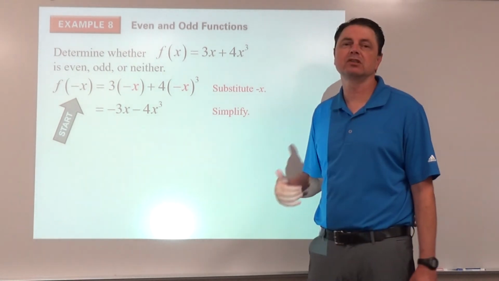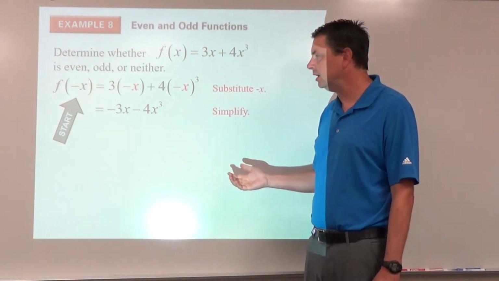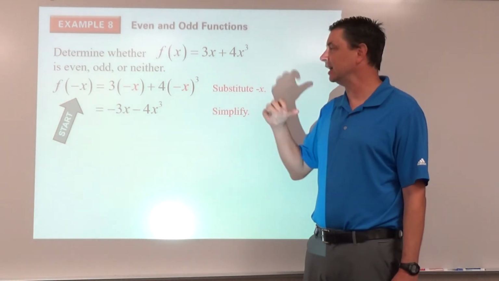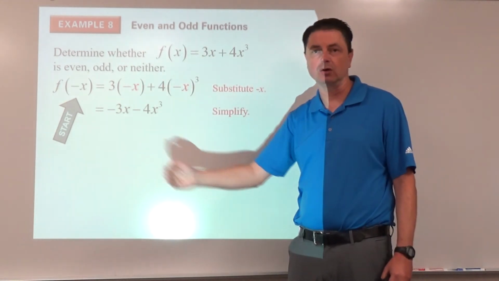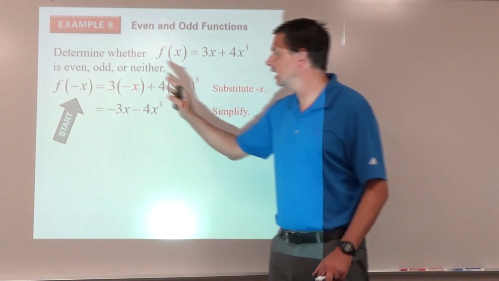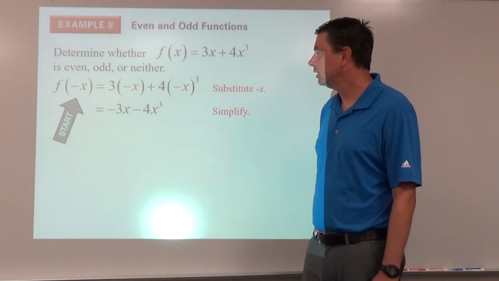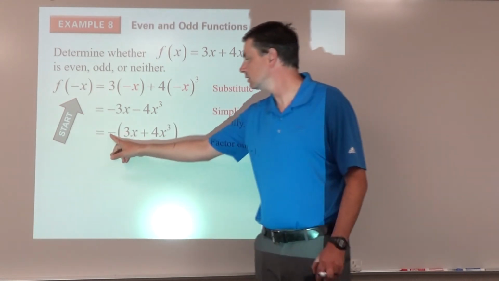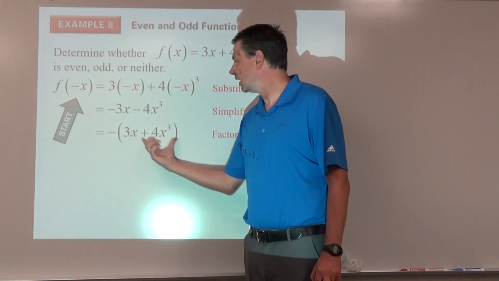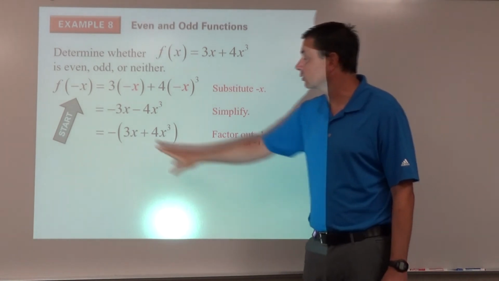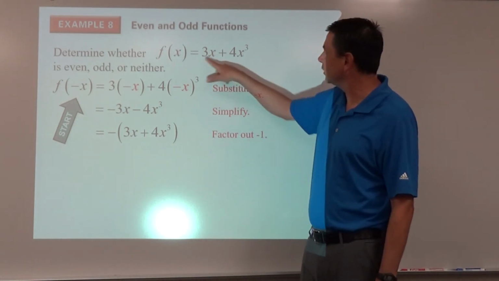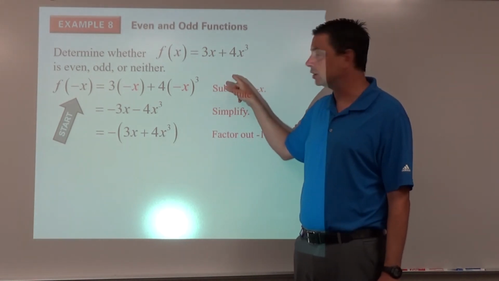So if I'm trying to determine if it's odd, I will always want to take a negative and factor it out. So I'm going to factor out a negative just to test to see if it's odd. If I do that, factor out the negative, I would get 3x plus 4x cubed. I'm going to notice, hey, that's my original function.